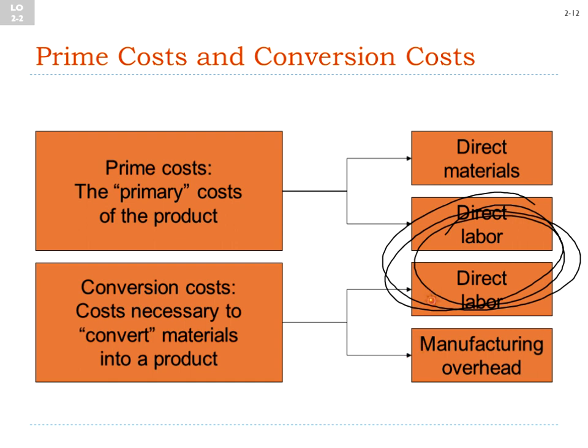Well, you're going to need direct labor, and you're going to need manufacturing overhead to convert this raw material into the final product. So direct labor and manufacturing overhead are considered conversion costs. So again, there's 4 boxes here, but only 3 different categories: direct materials, direct labor, and manufacturing overhead.